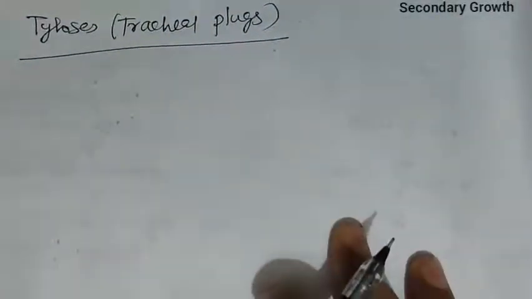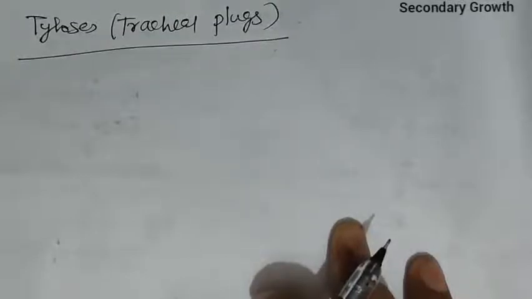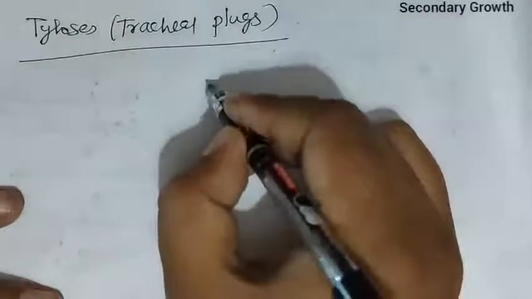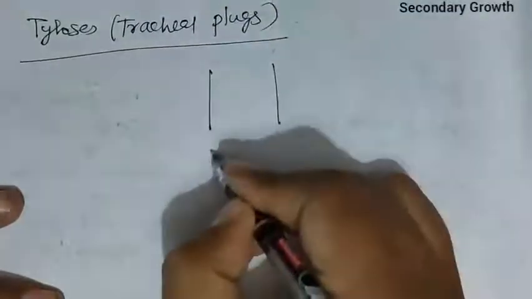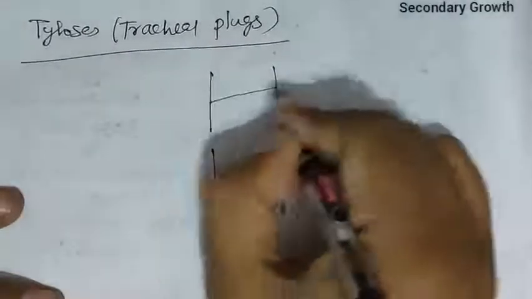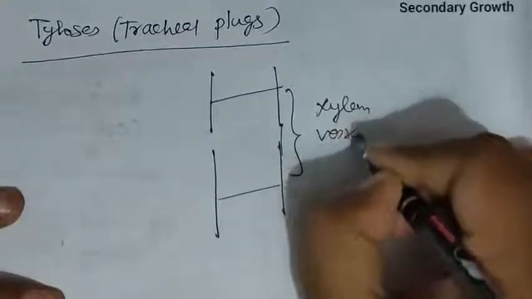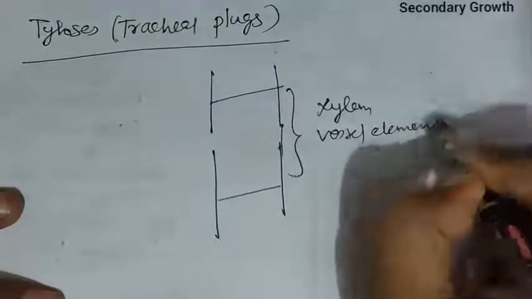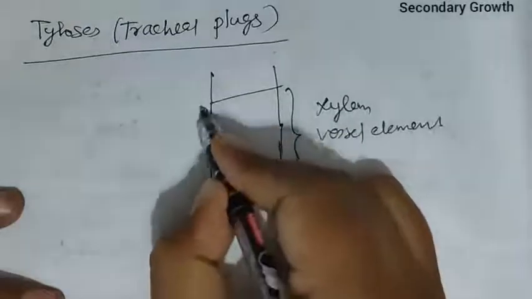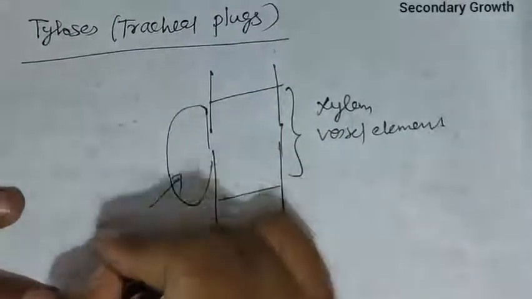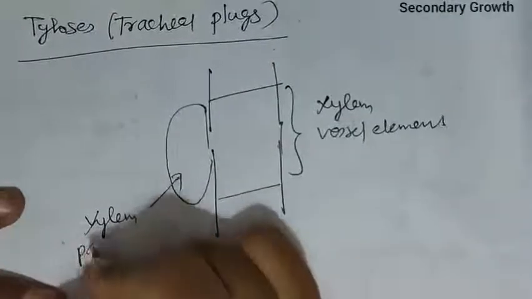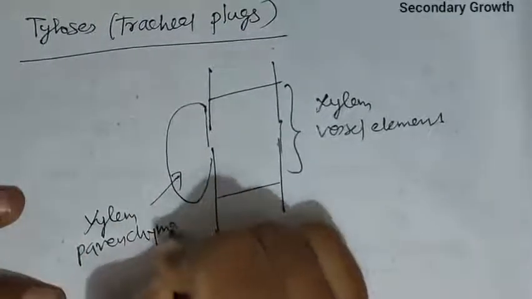Now if we define tylosis, they are nothing but extensions of xylem parenchyma, like a balloon shape, in a vessel. So suppose this is a vessel, okay, and this is the xylem vessel element, and here we find xylem parenchyma.